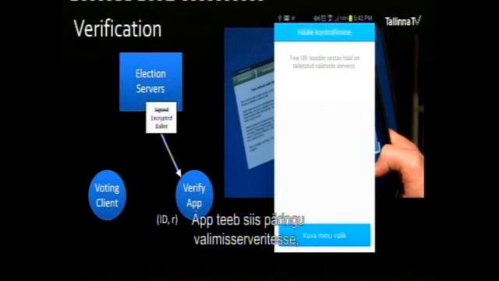Using those things, you can use a smartphone application, now available for iOS and Android, to scan the QR code. The app then queries the election servers, and the servers send back an encrypted ballot with the signature stripped off. So the server is claiming that this is the ballot it received from you.